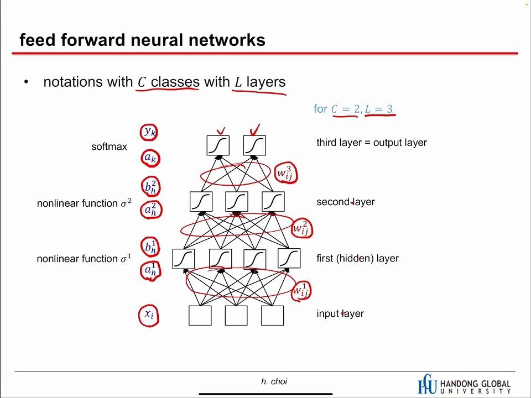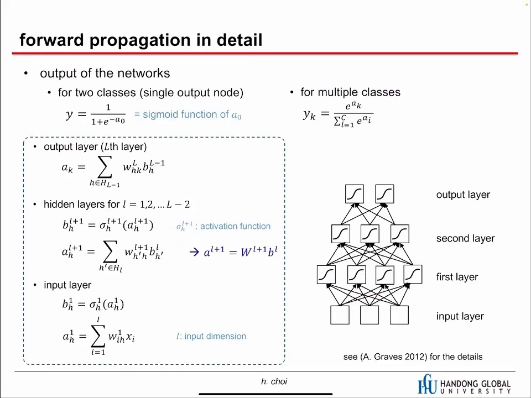This is for the propagation. And if we use the equation for that, then it looks like this. So from input, let's go from the bottom, and we have input X. Then we can multiply this matrix to get this one, and apply the nonlinear function to get the B1.